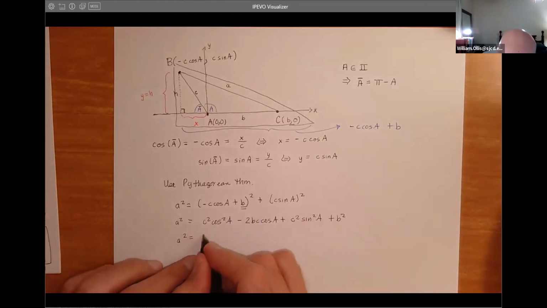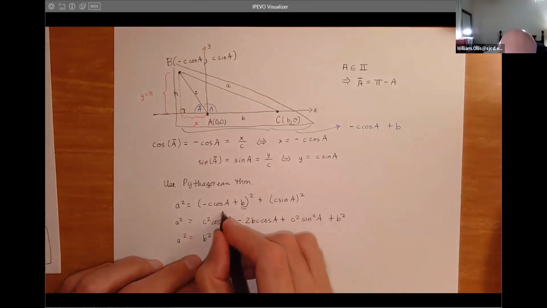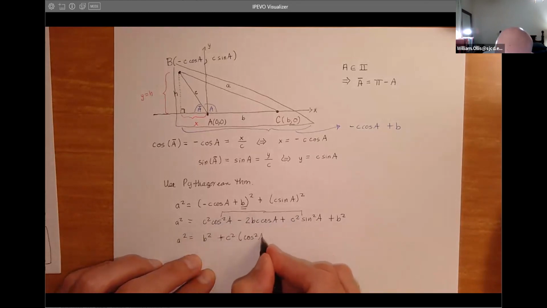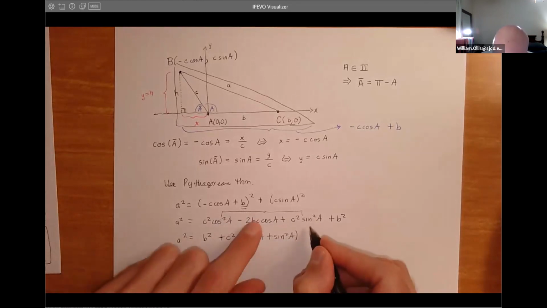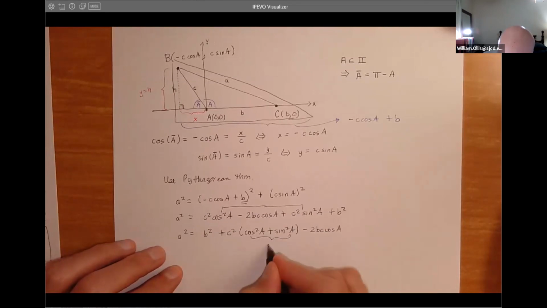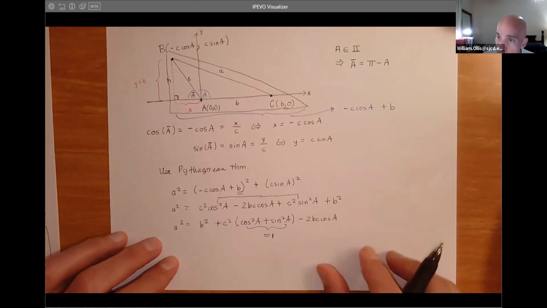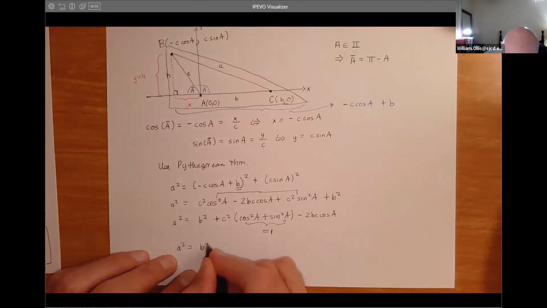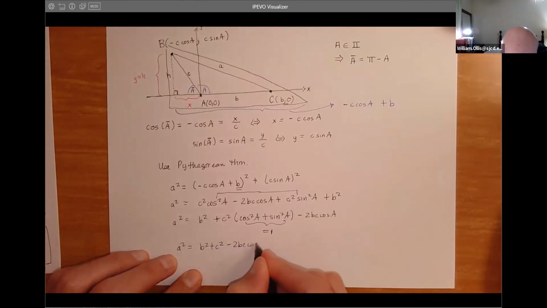So now we've got B squared, and then we can factor here, plus c squared times cosine squared A plus sine squared A. And then, of course, the straggling term, minus 2BC cosine A. Of course, this is equal to 1, our fundamental identity of trigonometry. So A squared equals B squared plus c squared minus 2BC cosine A.